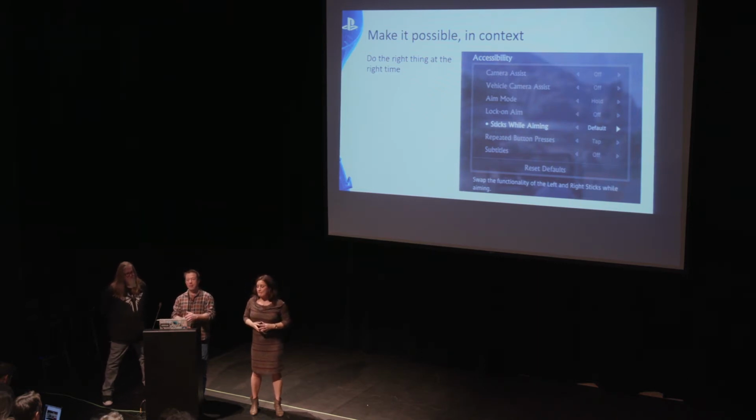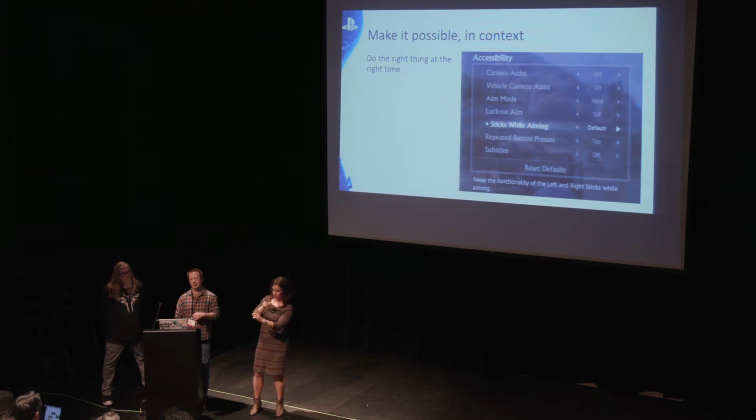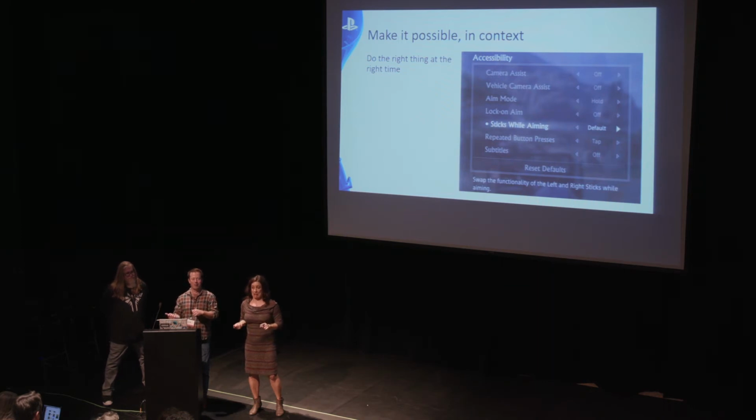But what was not so helpful is that when you swap the sticks, it's really good for aiming, which you could then do on the left stick instead of the right stick, but it's really bad for driving, because driving is controlled by the movement stick, which is the right stick, so that was flipping it away from where Josh wanted to control it. So the solution was not really very complicated.